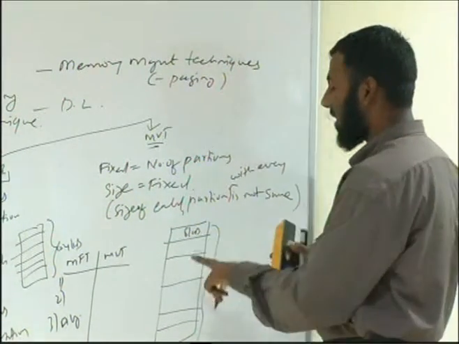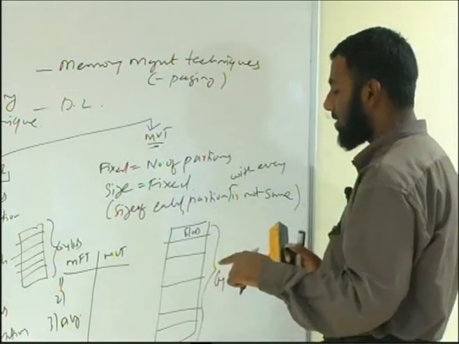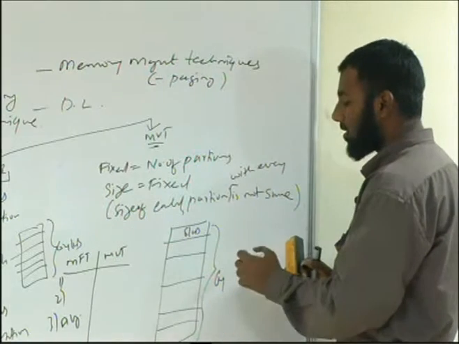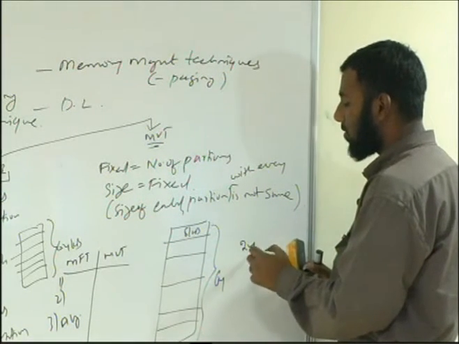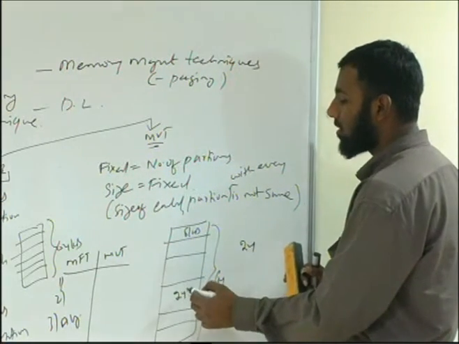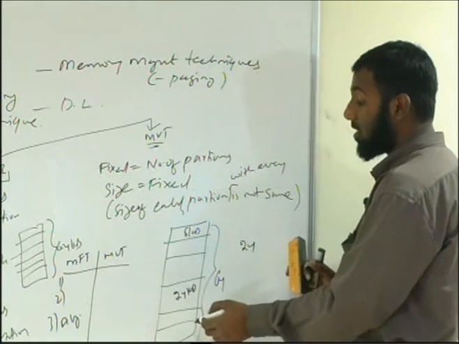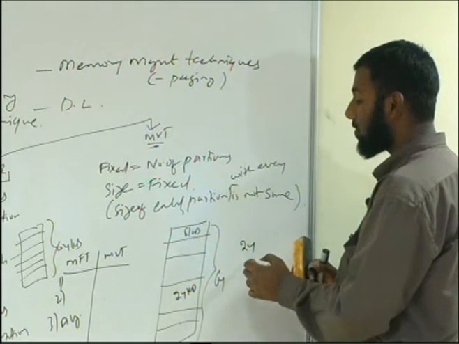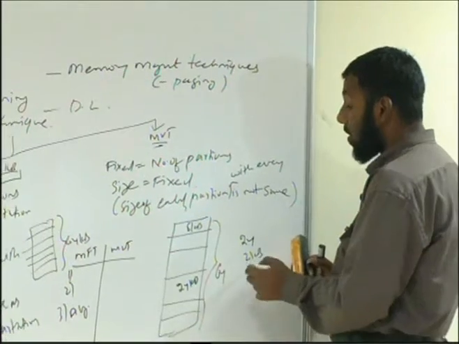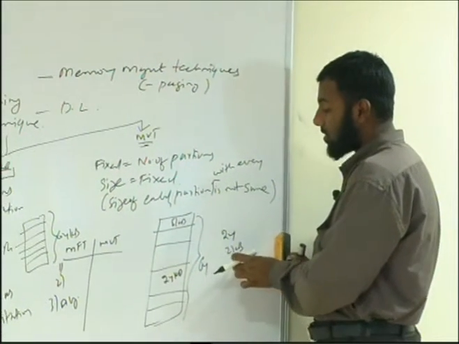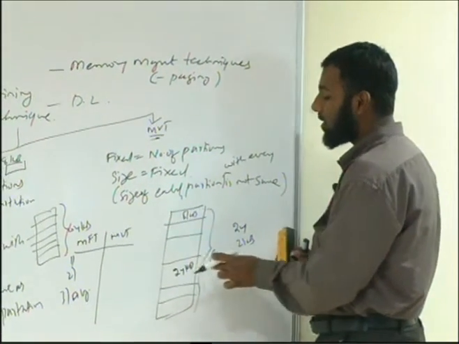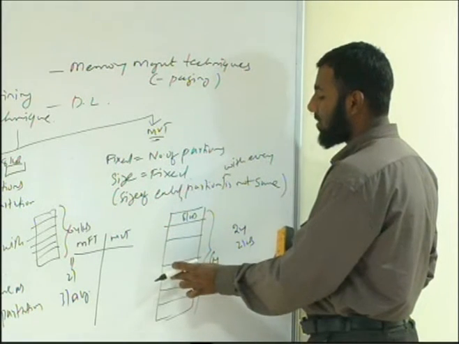But here it matters, because suppose there is one process whose size is 24 kilobytes, and only one 24 kilobyte partition is available. But suppose there is another process which takes only 2 kilobytes. What happens if I take this 2 kilobyte process and load it into this 24 kilobyte partition?